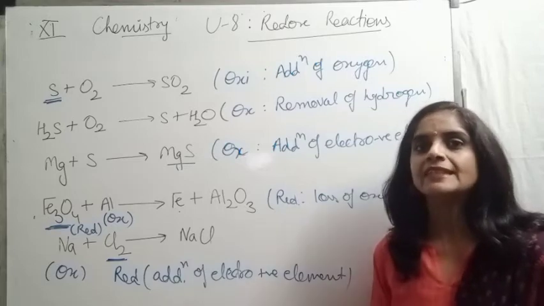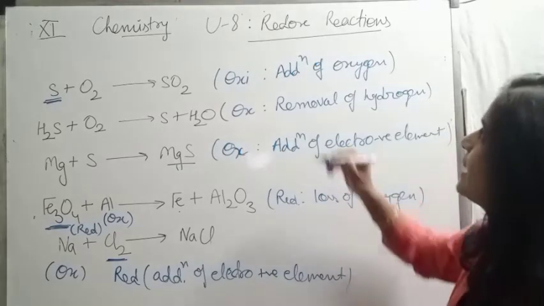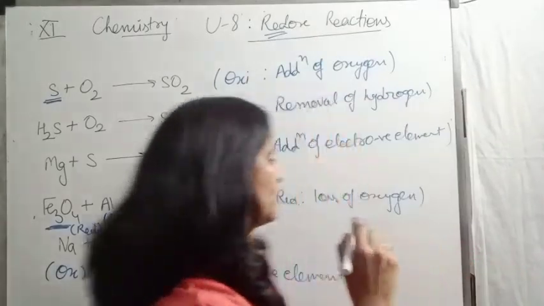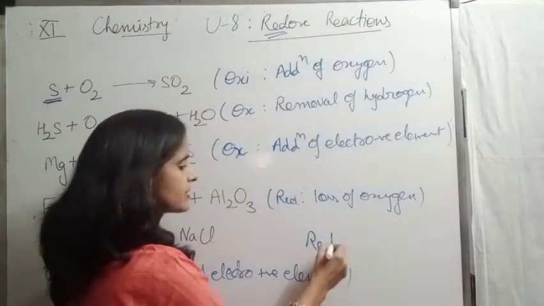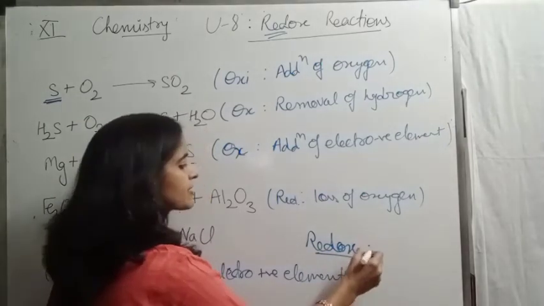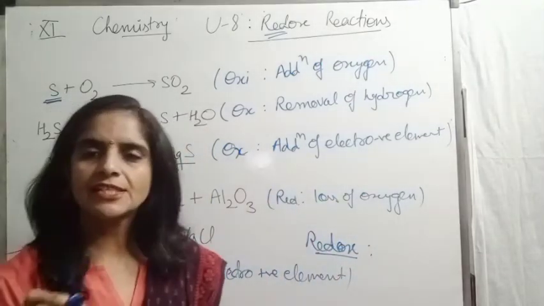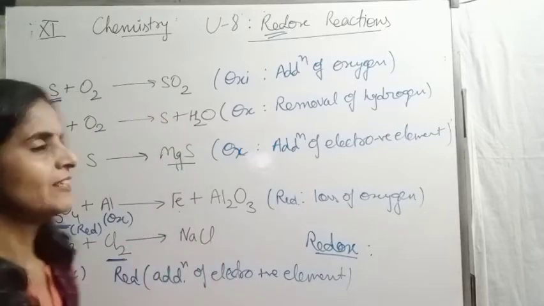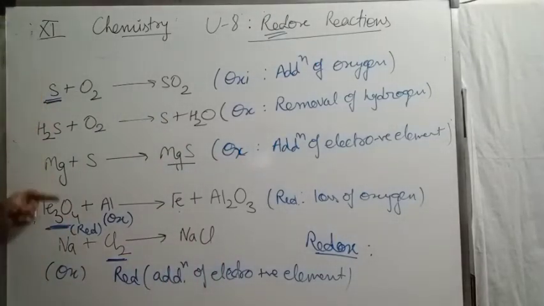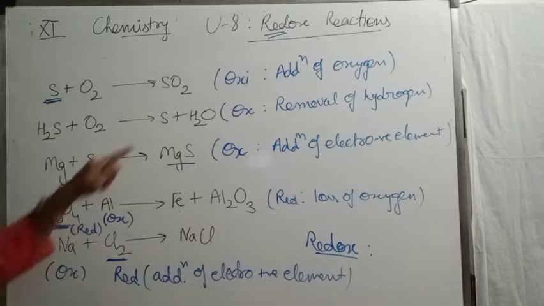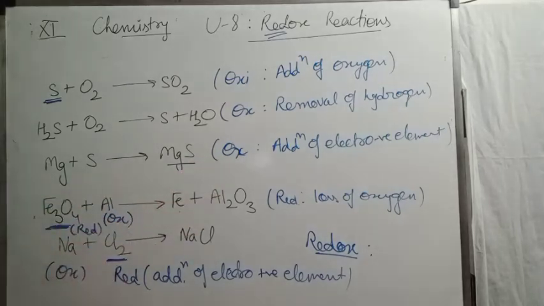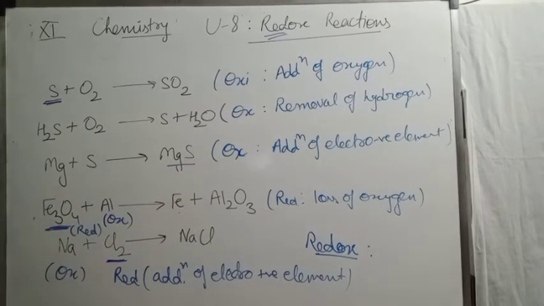That's why these types of reactions are termed as redox reactions. So now we have the definition of redox reactions, meaning the reactions where oxidation and reduction take place simultaneously. So try to find the species which are oxidized as well as reduced in all the examples. One I told you. Second, use this definition and try to identify.